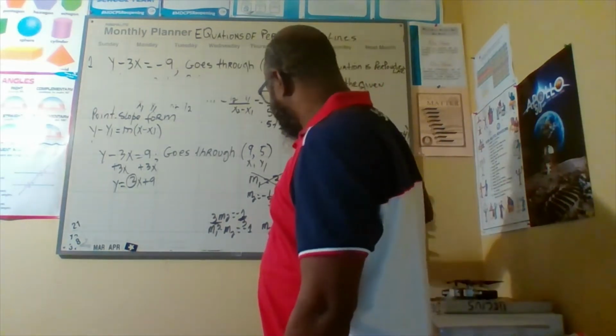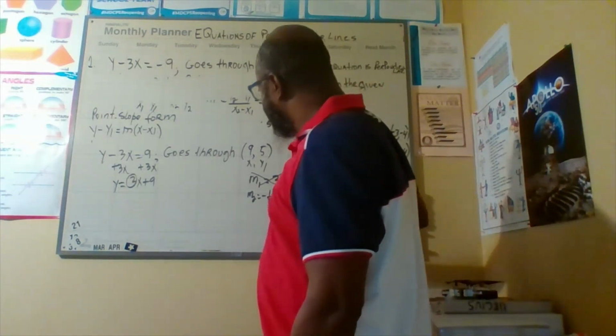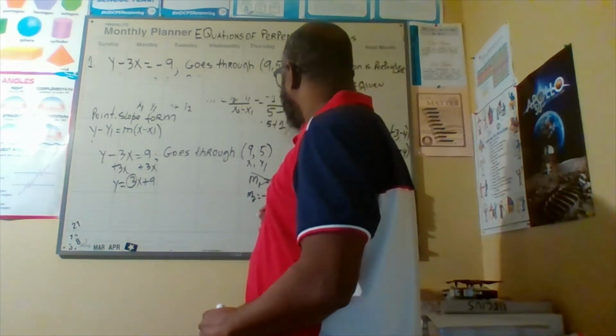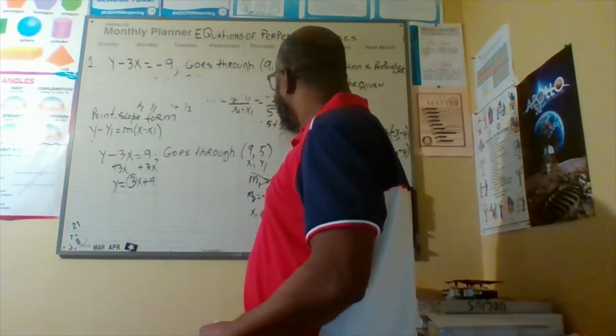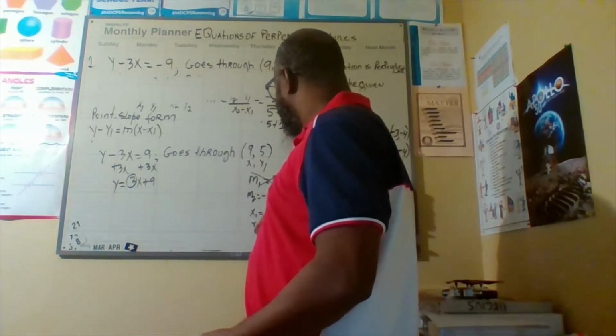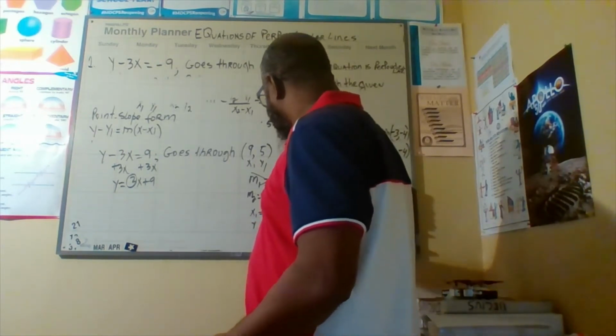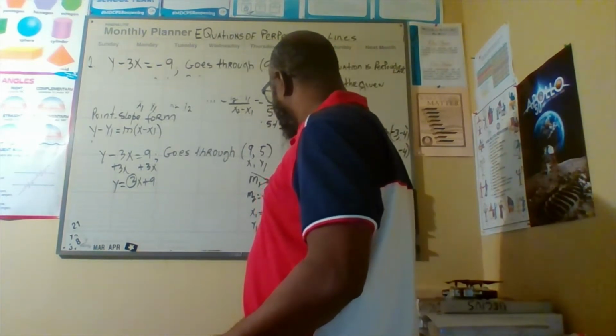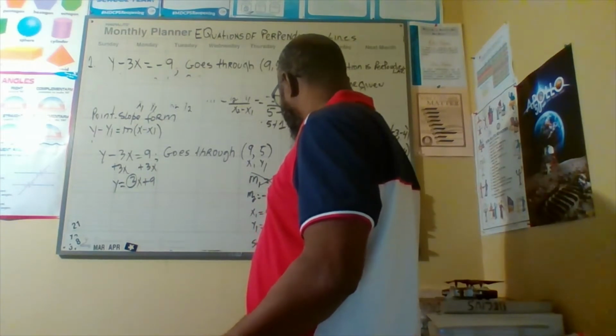So you have to pick your slope. You're going to use the same concept again. In this case, x1 is 9, excuse me, big mistake, and y1 is 5, and as always you're solving for y.